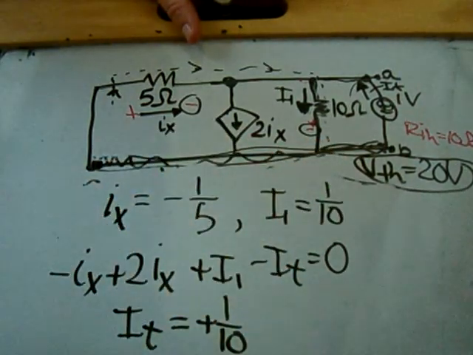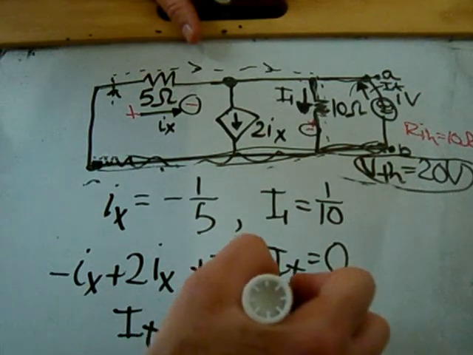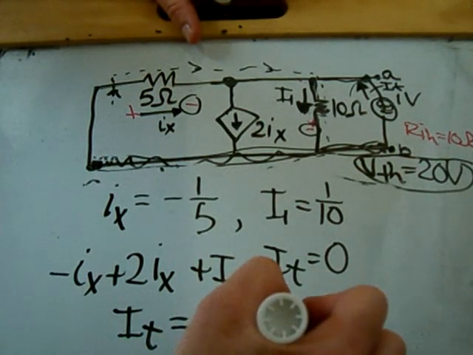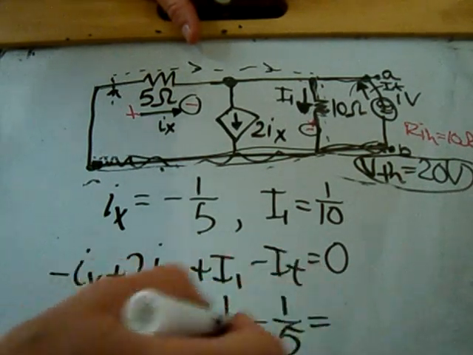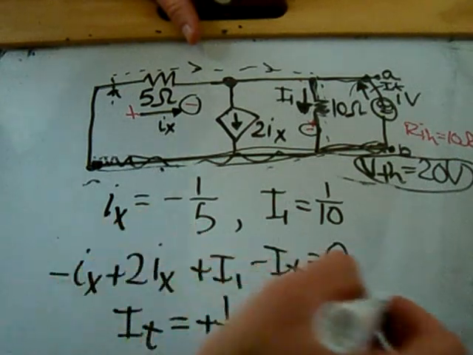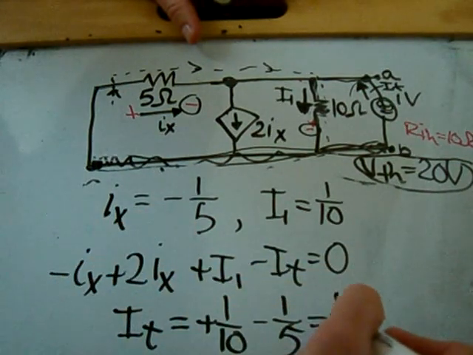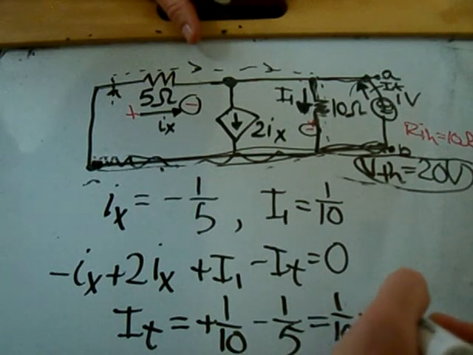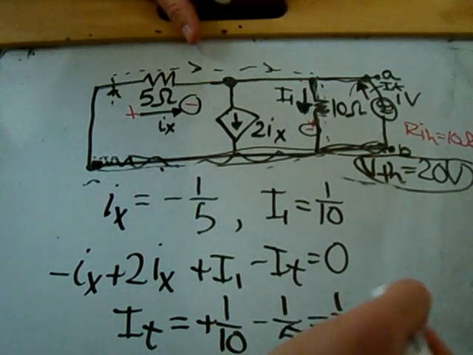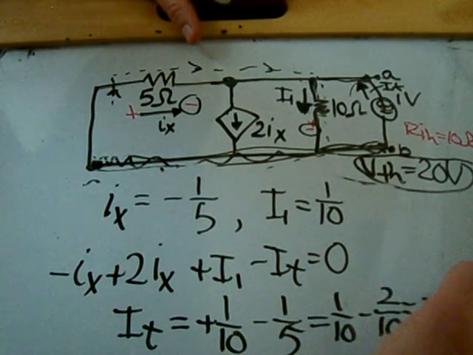This becomes a plus IX, so a minus 1 over 5. And I combine this to get this. This will be 2 over 10. So I get a minus 2 over 10. So I get a minus 1 over 10.